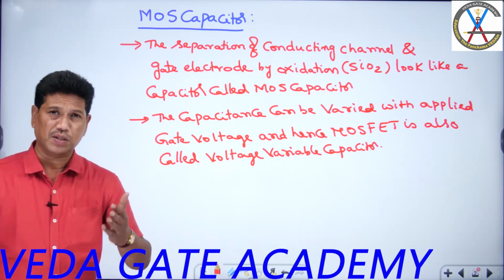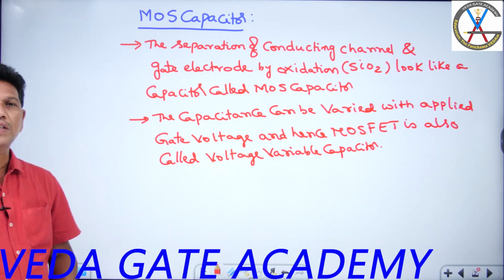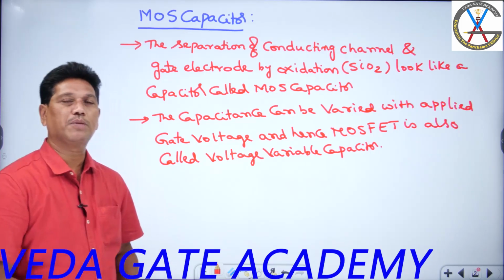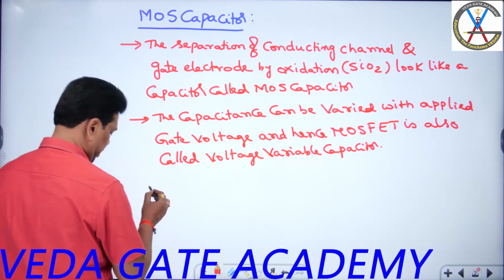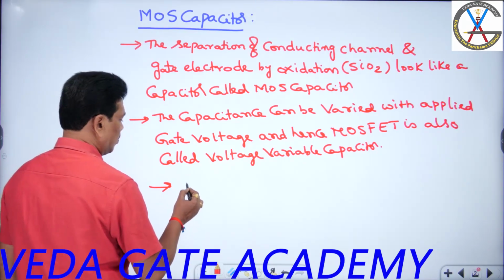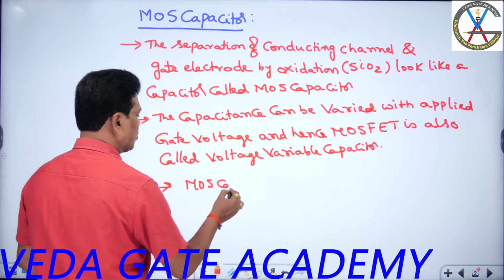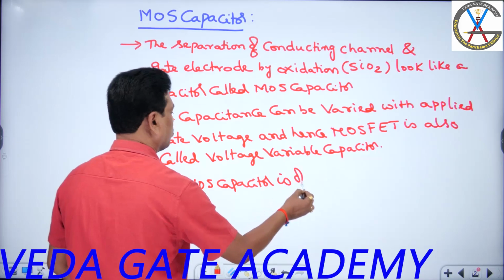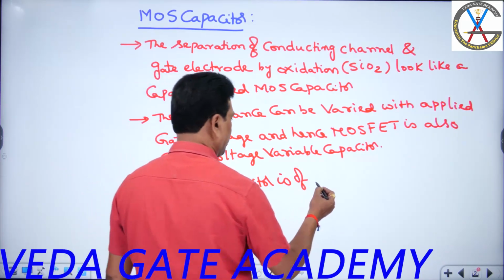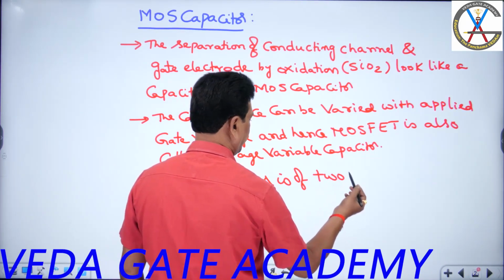And this MOS capacitor is of two types, students. One is the Nmos capacitor, the other one is what, sir? The Pmos capacitor, students. So there are two types of capacitors, right? So the MOS capacitor is of two types.